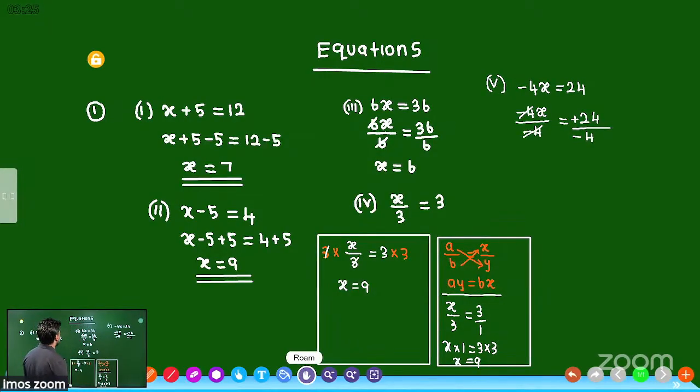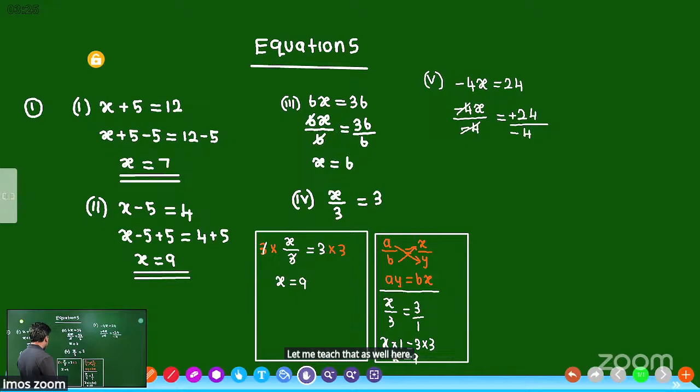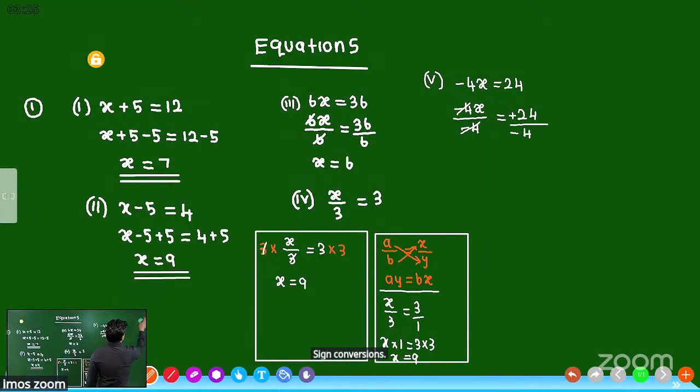Buddha, there are some things that you need to know about sign conversions. Let me teach that as well here. Sign conversions, right? Plus into plus, it is plus. Minus into minus, it is plus.